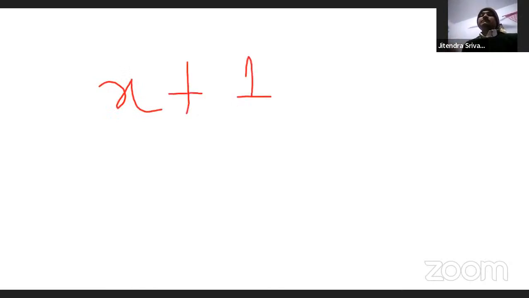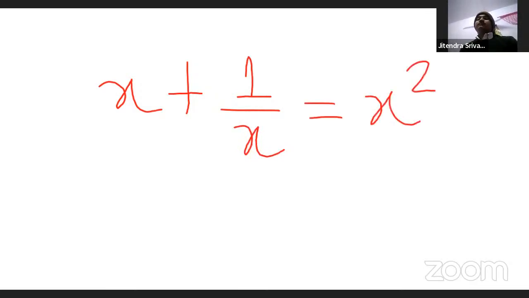So now the next question is x plus 1 by x equals to x square. First of all we have to put all these values on one side.